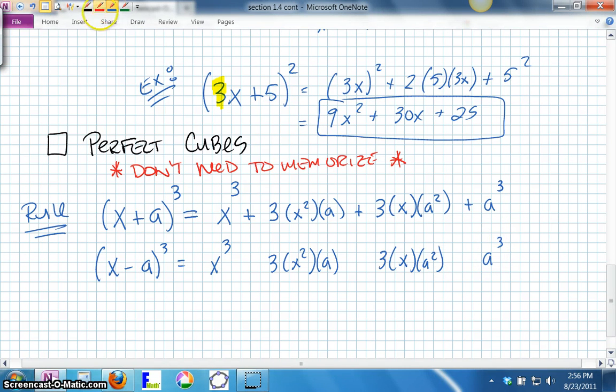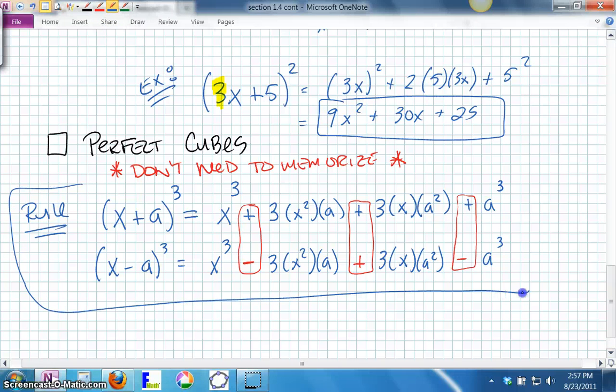The only difference between these two is a subtle change in the signs. This first one is negative, positive, and negative. Notice those are the same, and those are different. That's the only difference. Like I said, you do not have to memorize this one because we study it in depth later, but I'm just giving it to you now so you have it in your notes.